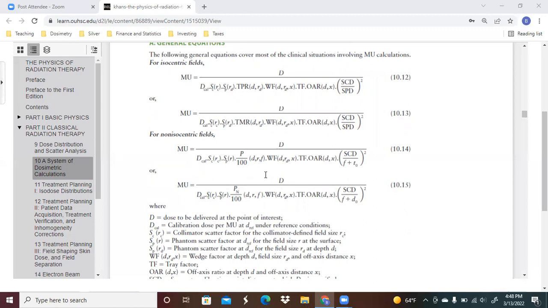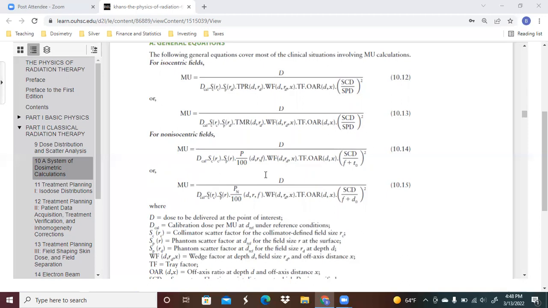In addition, most of the programs out there will be able to run a second check on those computations and tell you whether or not you're within 5%, which is the usual standard by which you take a secondary system of calculations using the same physics data, and see if you come up with the same MU computation. That is to make sure that you're not underdosing or overdosing the patient.